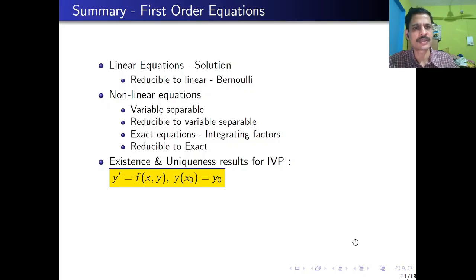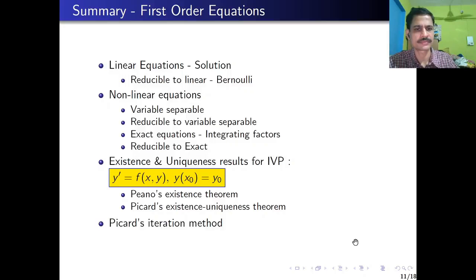Then afterwards, we learned the existence uniqueness results for the initial value problem of the type y dash is equal to f of x comma y, where the initial condition is y of x naught is equal to y naught. So here we have Peano's existence theorem that was proved by Peano, and the existence theorem of Picard. And we know how to solve certain differential equations using Picard's iteration method.